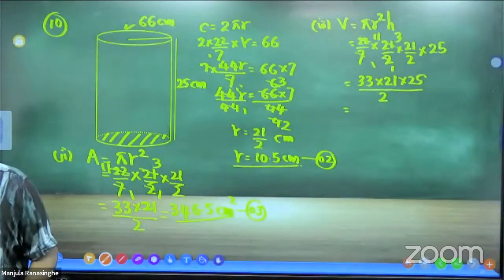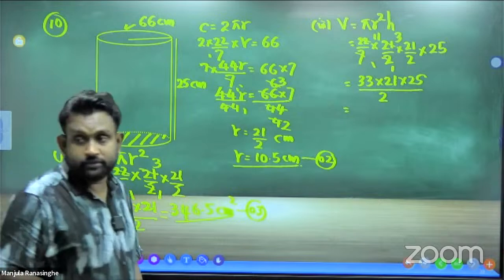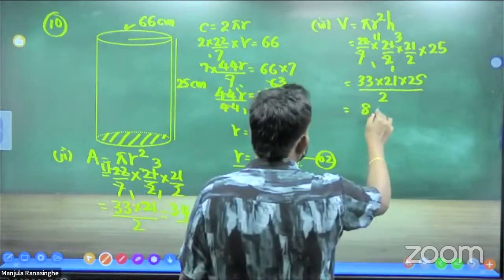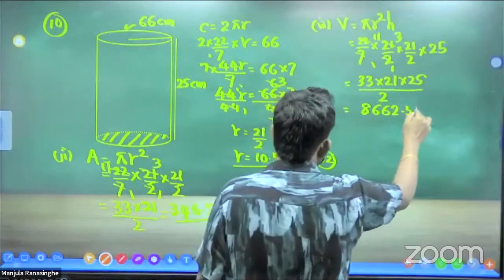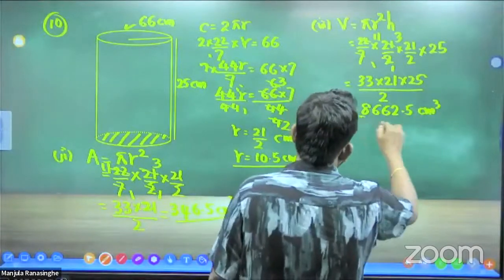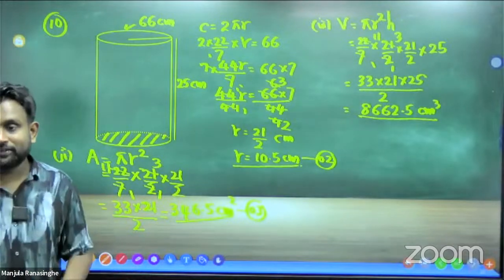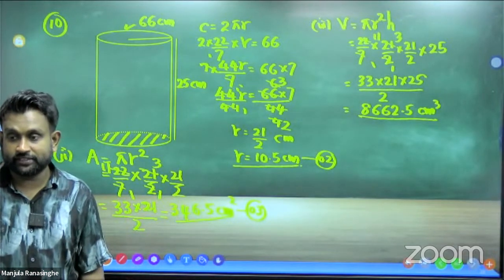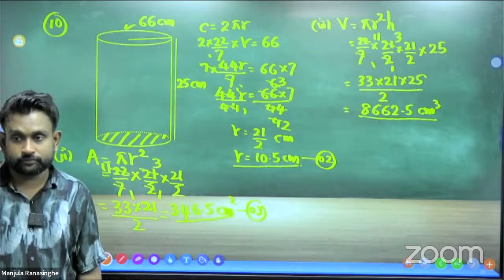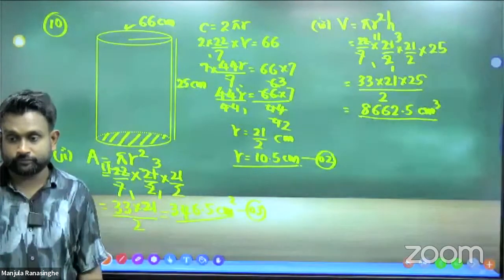That is 8,662.5. But here the simplification is a bit advanced, but in the exam normally there are better simplifications. You got these answers? Okay, fine.